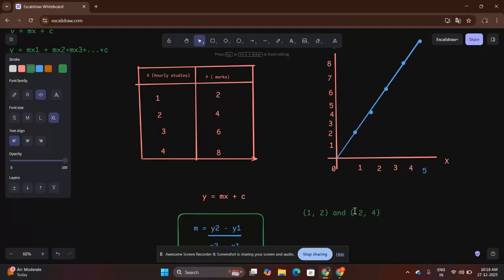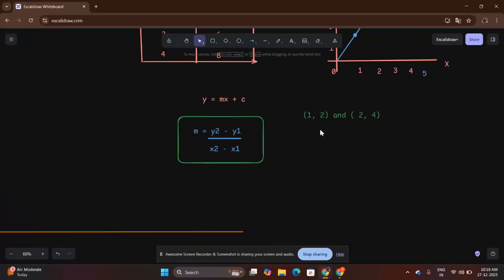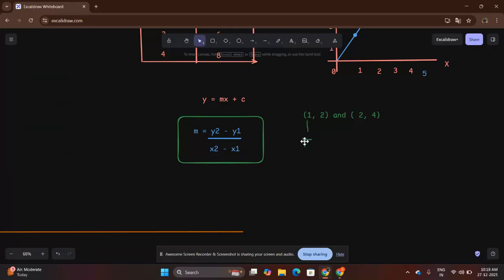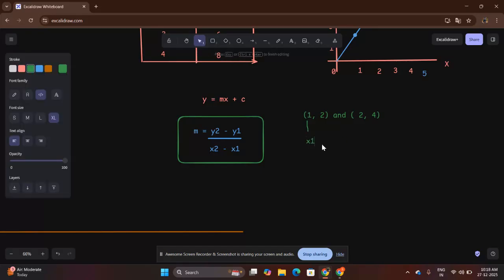How is the slope calculated between these? This 1 is x1, 2 is x2, this 2 is y1, and this 4 is y2, okay?